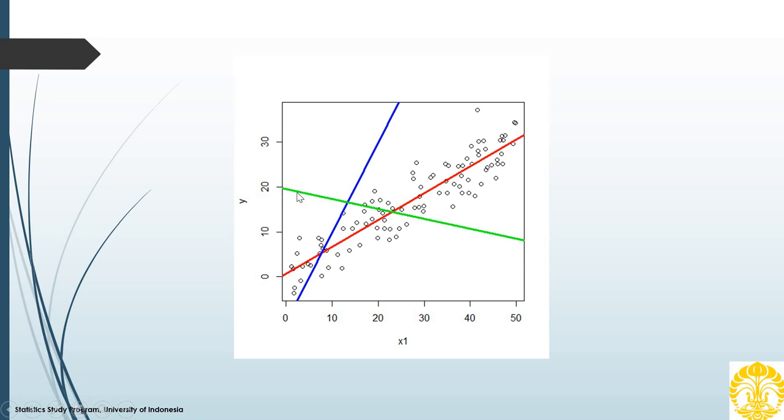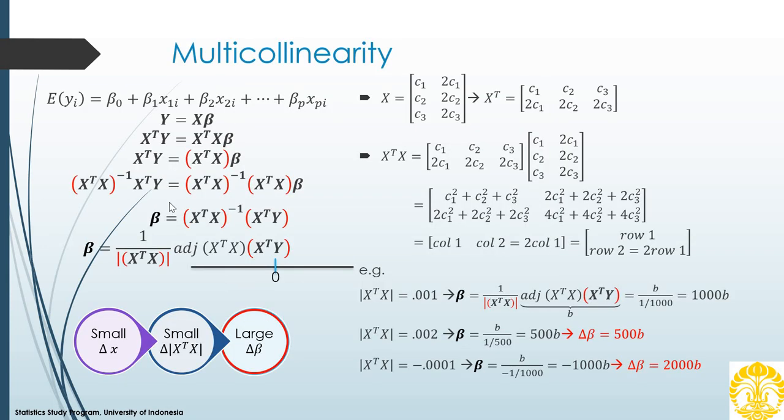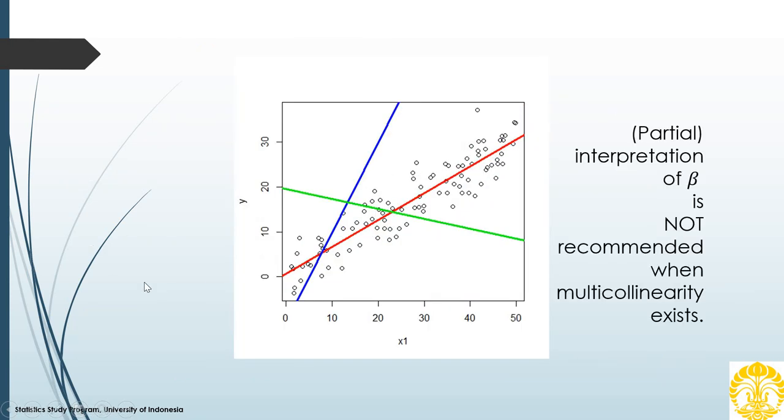Even sometimes we can say that sometimes the beta is negative, and some other times it's positive for the same data points. Okay, it all could happen because of the problem that we just explained here. So to conclude, we say that partial interpretation of beta is not recommended when multicollinearity exists, because the story is not consistent.